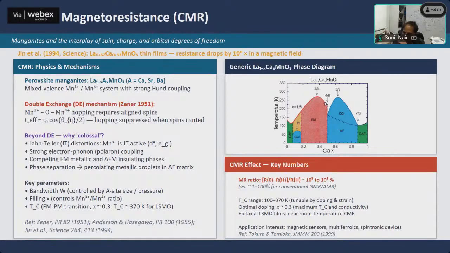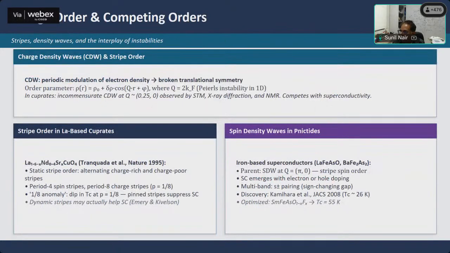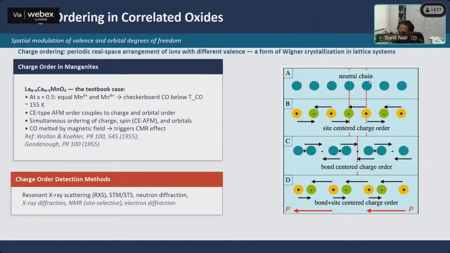The system now transforms from being a ferromagnetic metal to an antiferromagnetic insulator again. And this is not a normal insulator, but a charge ordered insulator. So what does that mean? It means that if I have a neutral chain of atoms like this, they are all equidistant from each other. There's nothing much happening.